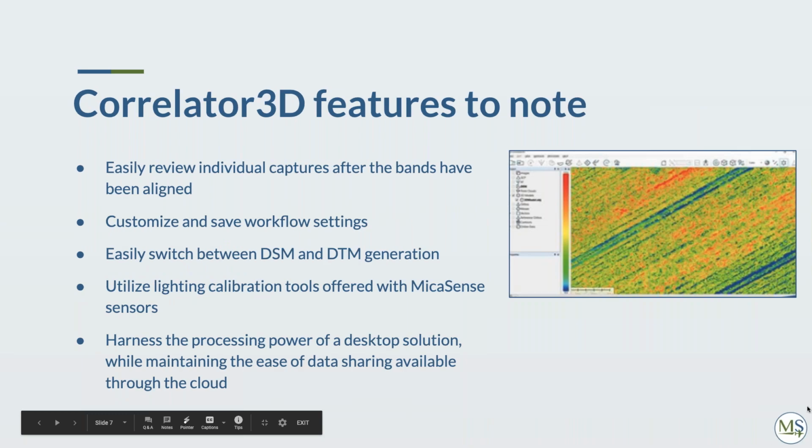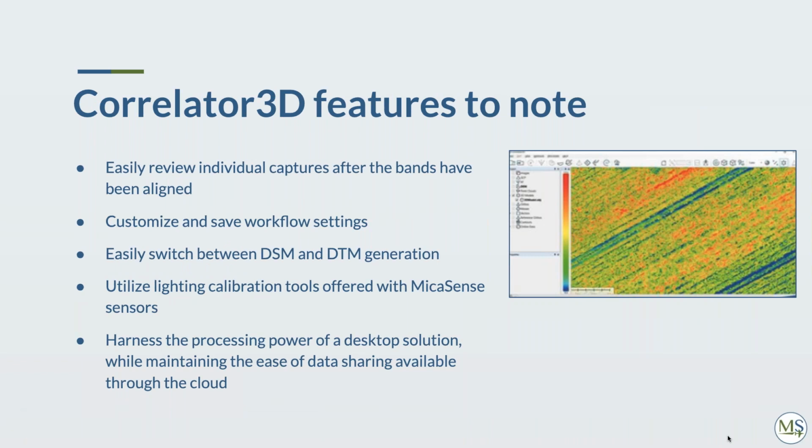We came out with this new version of Correlator3D at the beginning of June, which focused on the multispectral side of the UAV processing. The main focus was the radiometric calibration of MicaSense cameras, and for that we're able to digest every type of imagery from the dual camera, the RedEdge, and also the Altum camera.